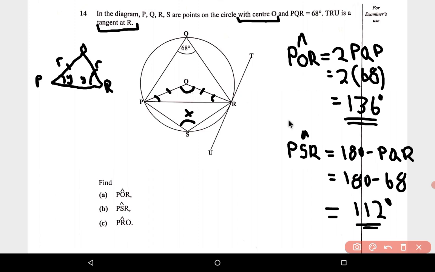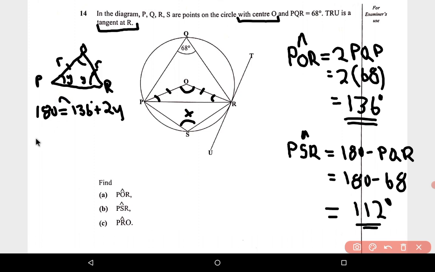So we already have the angle here. It is 136. If you add all the angles here, the sum should give you 180. So 180 is equal to 136 degrees plus, when you add y and y, 2y.